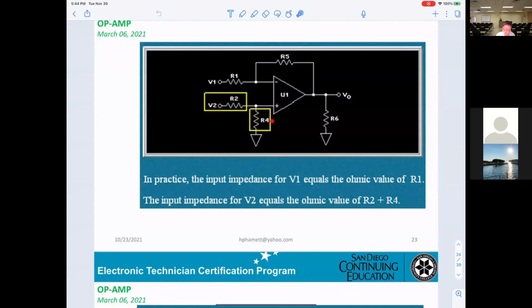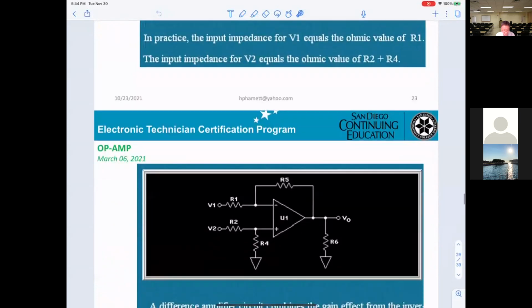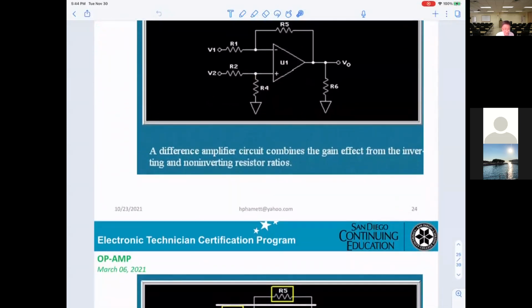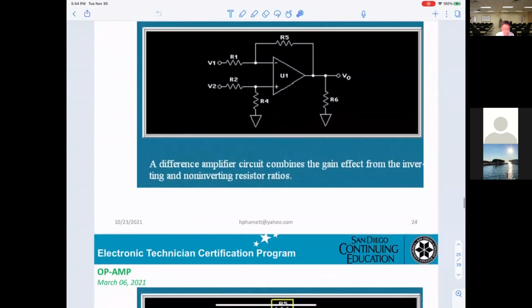After you do your calculation for V1 and V2, you add them up and you get the output. That is basically how to solve a differential amplifier. Ground one input, calculate the other, ground the other, calculate this one, and add them up.